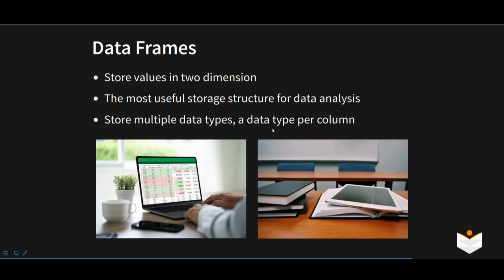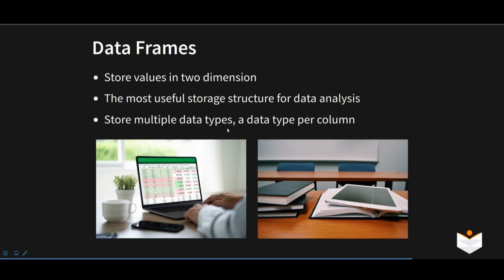To data frames, if you are familiar with Microsoft Excel or LibreOffice Calc, then you are familiar with data frames. They also store values in 2 dimensions, like matrices, and they are quite useful. They are actually the most used form of data storage for data analysis.